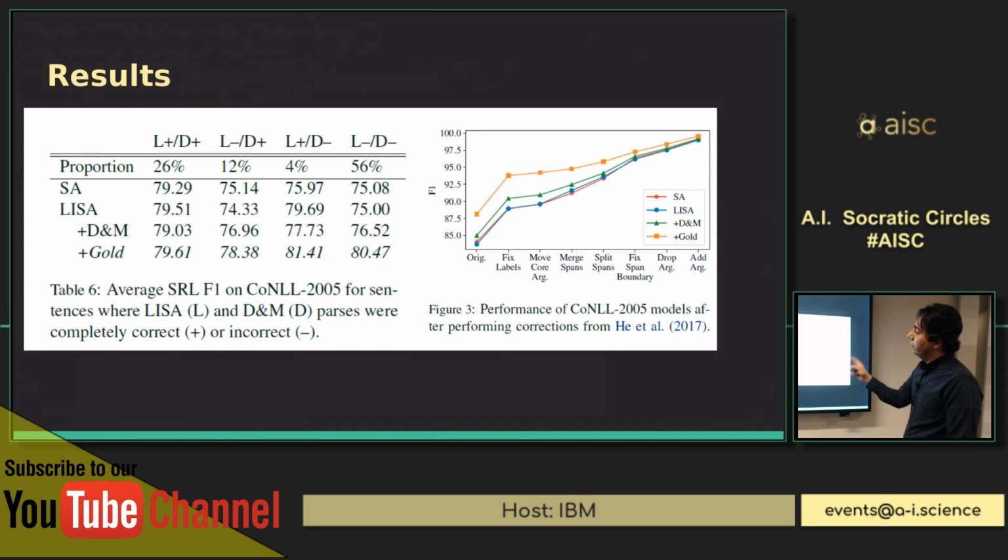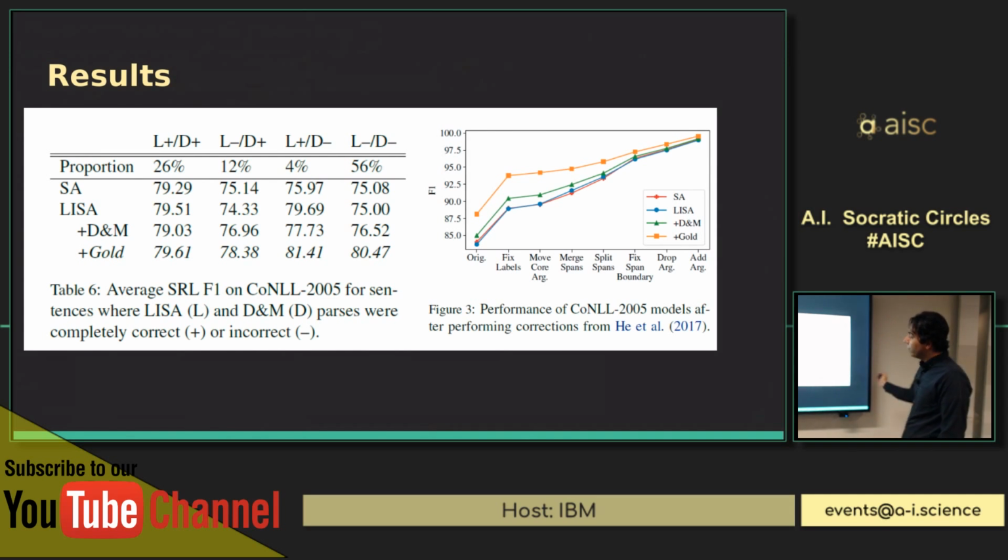And the ones in the middle, you can kind of see which one is more informative to some extent. So for the model LISA itself, when LISA is parsing correctly, you can see that it performs really well. It's interesting that when LISA is incorrect but DNM is correct, it on average performs much less well comparatively.